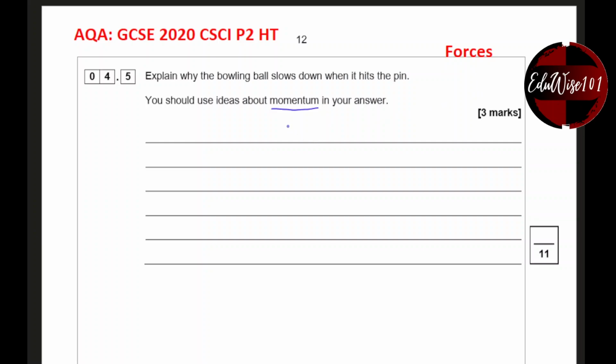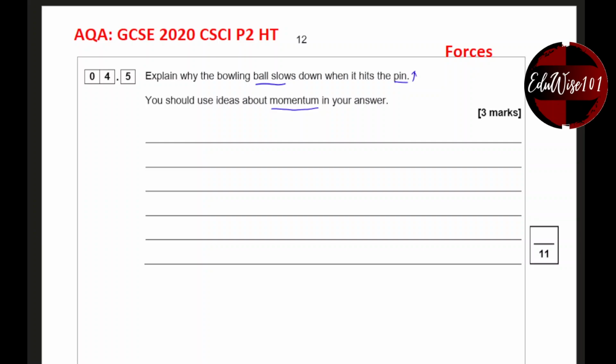So if the momentum of the ball goes down, because the velocity of the ball is decreasing, the velocity of the pin should actually increase, which means the momentum of the pin should increase.